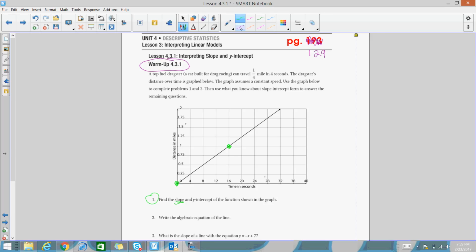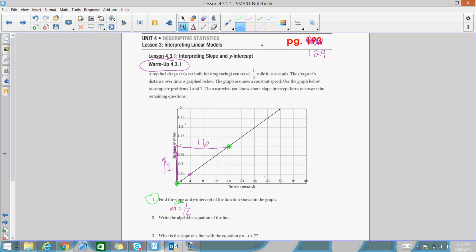If I'm going to find the slope of this line, I don't want to go up 0.25 and over 4. I want to go up all the way here to 1. So I want to go up 1 and over 16. So my slope is 1 over 16.